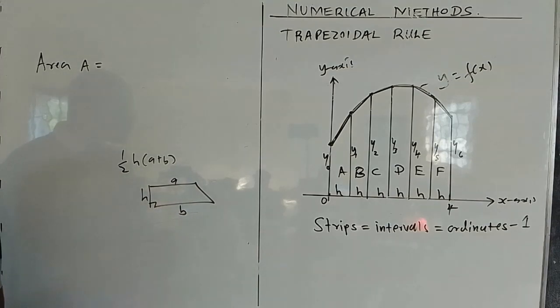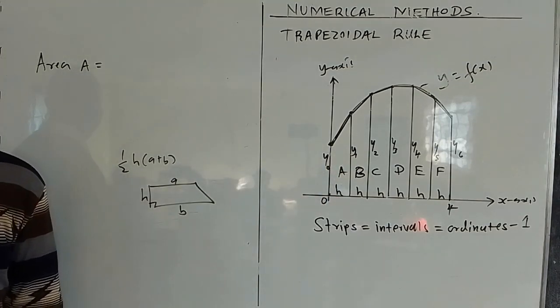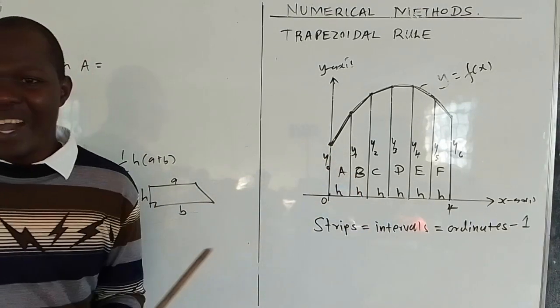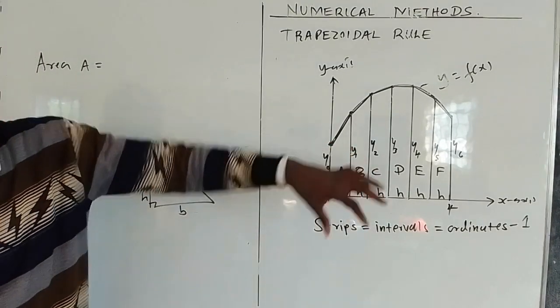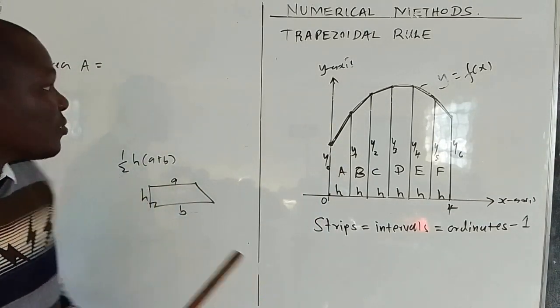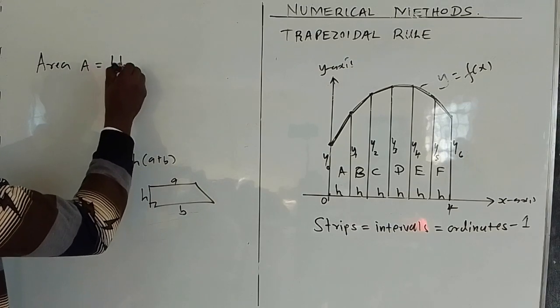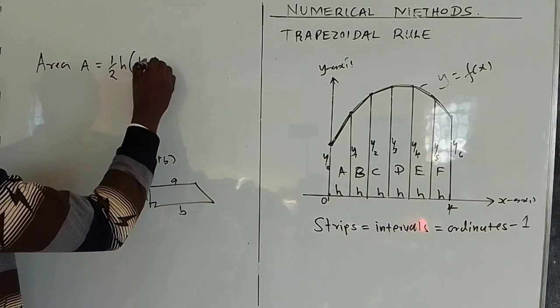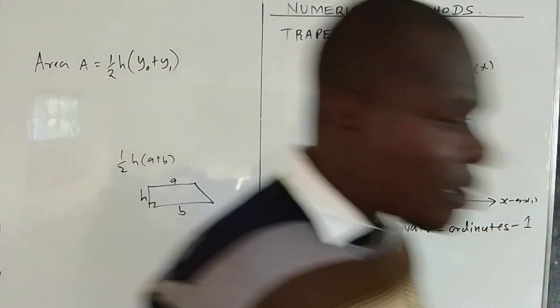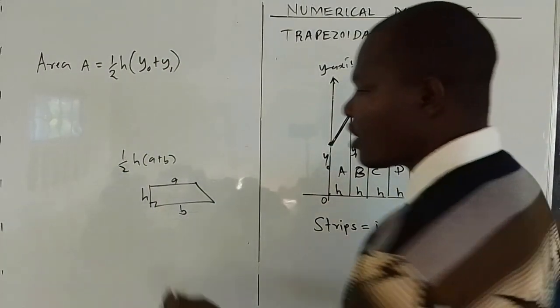Then these are the a and b for the trapezium, isn't it? So it means our a and b for this trapezium are y0 and y1, and our h remains there. It is like this trapezium has been turned upside down, isn't it? So it means the area is half h (y1 plus y0) for that part A, isn't it?